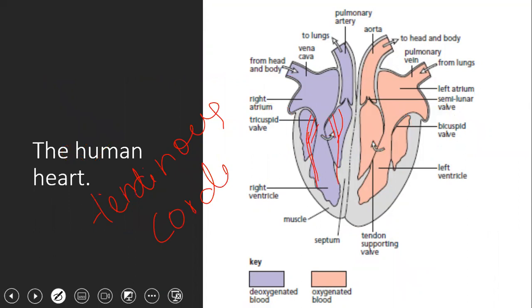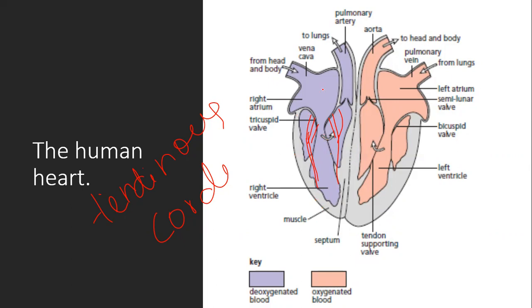So they make sure that, for example, if you're closing the valve, it stays closed. If these cords were not present, what would happen? There's a chance that the valve would flip to the other side, or the valve would get overturned because of the high pressure inside the heart.